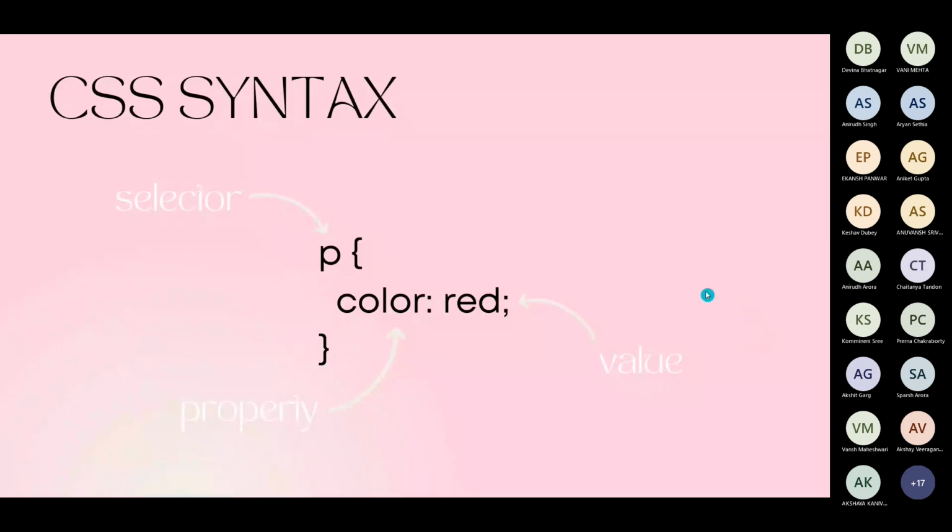So what does CSS look like? This is the basic syntax of a CSS rule set. So when you come across something that looks like this in a CSS file, it's known as a rule set. So this right here, you see, is a selector. So we use the tag's name, p, followed by a couple of curly braces.